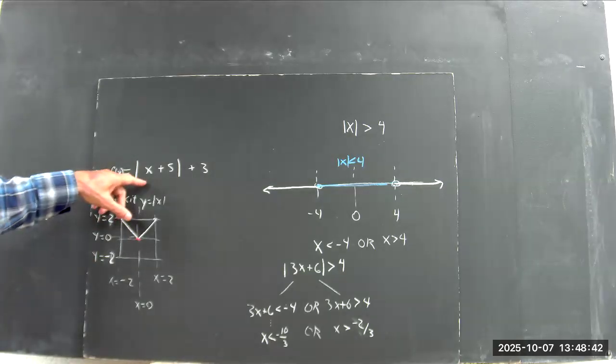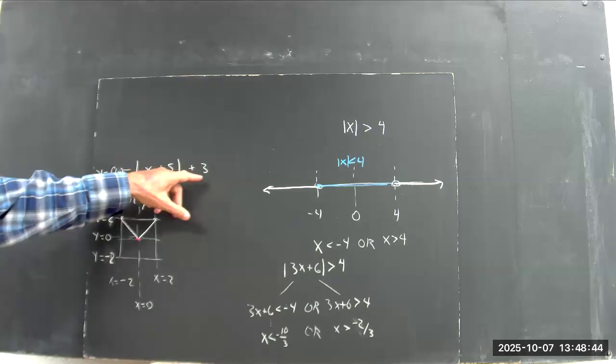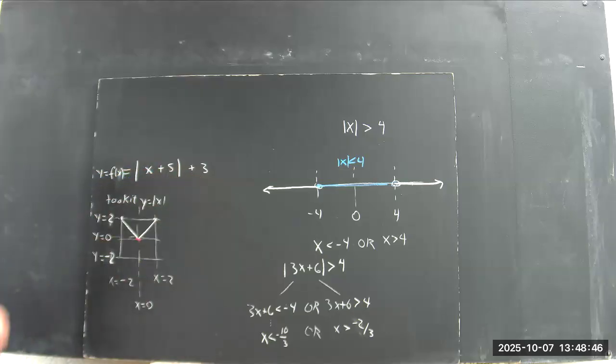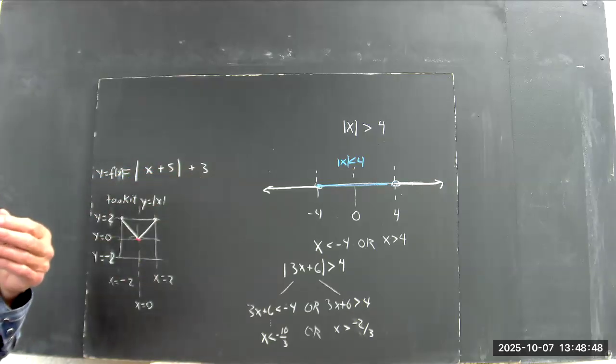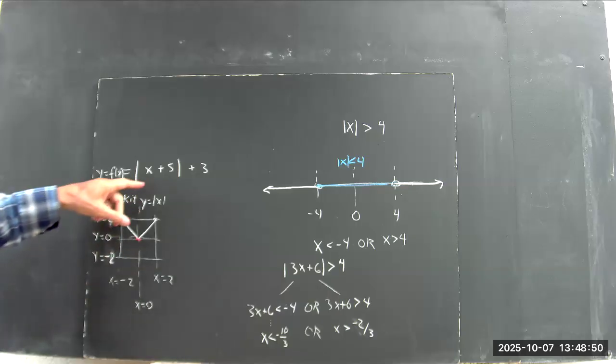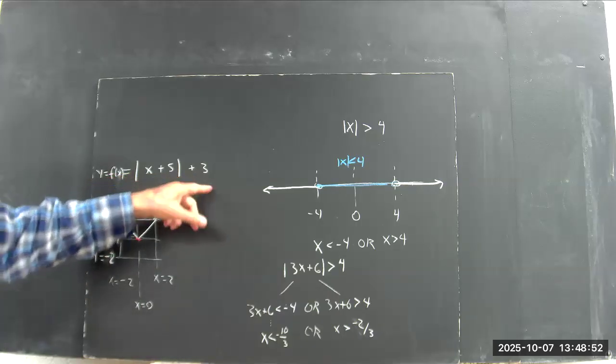Now, what does the graph of absolute value of x plus 5 plus 3 look like? Well, you have to shift it 5 units to the left and 3 units up.